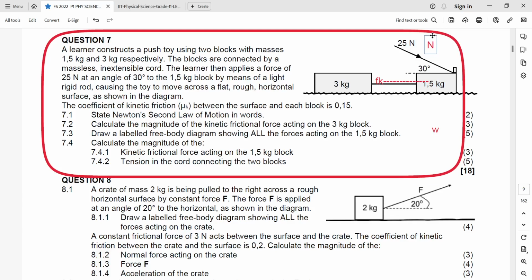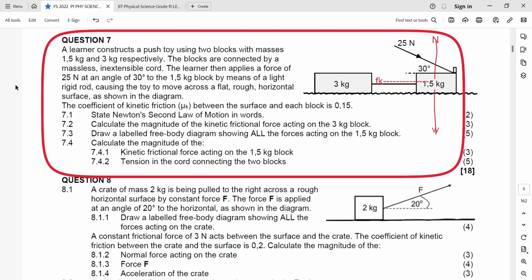Why is the normal force not perpendicular to this angle? Because the object is moving on the horizontal plane, and the horizontal plane is parallel to the surface, so there is no need. Let me draw the straight line this side so that they match. Now, where will our applied force be?